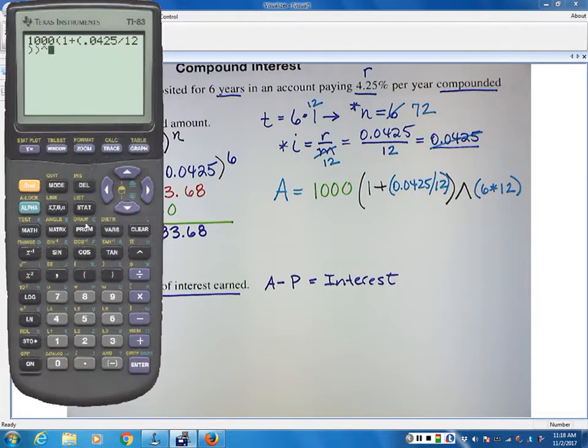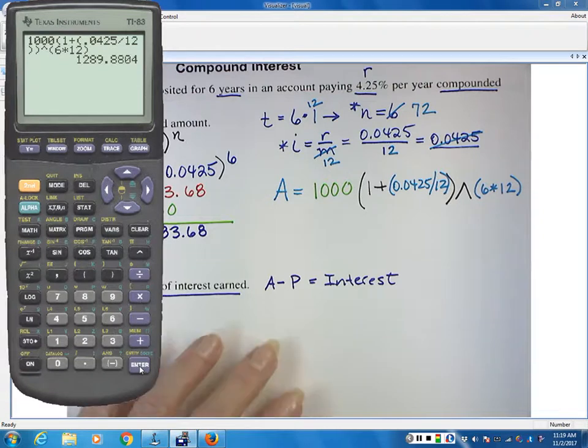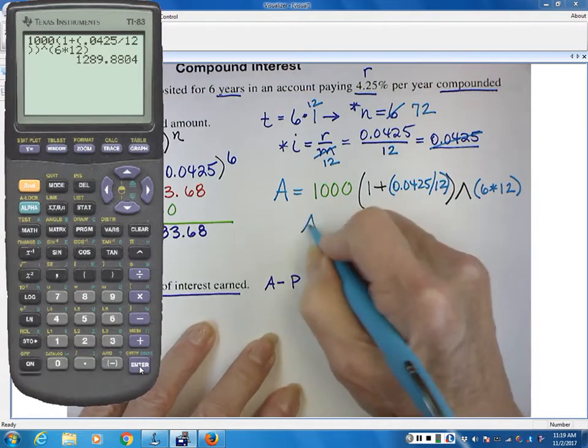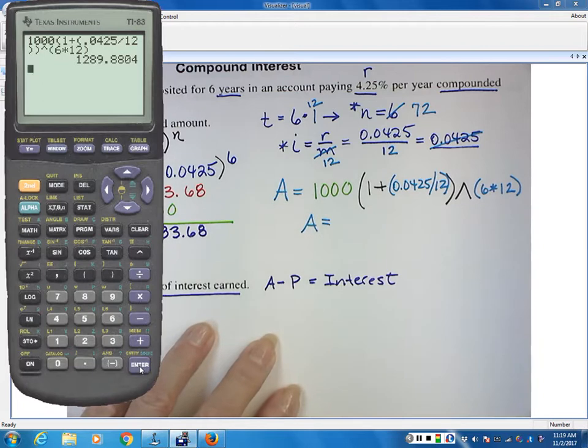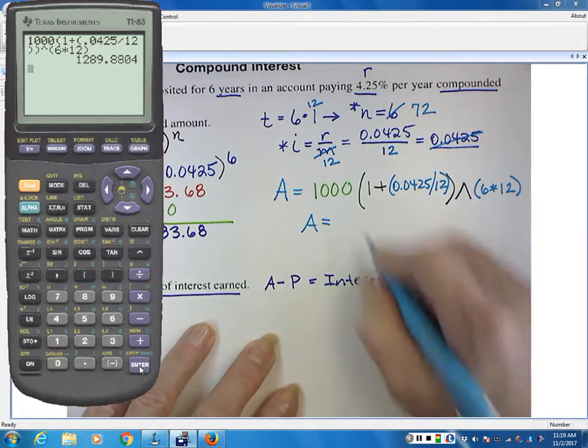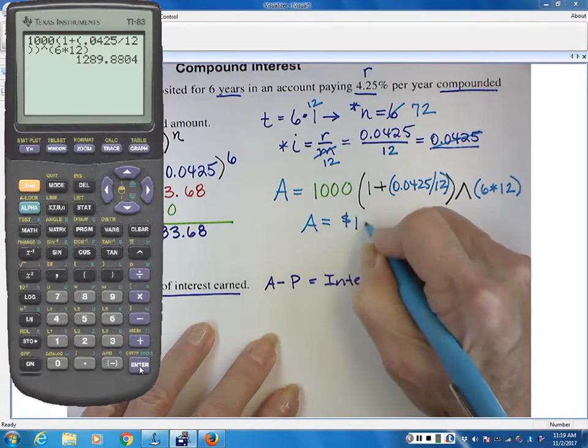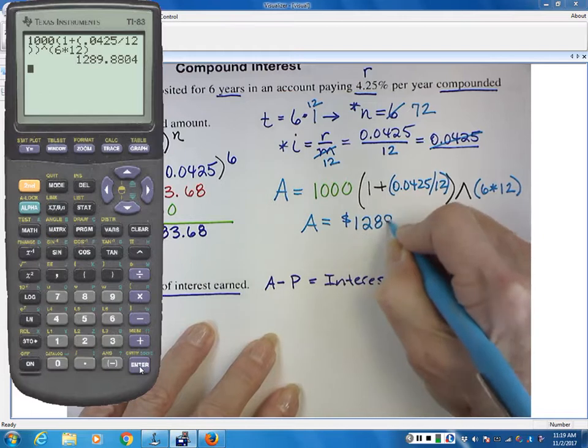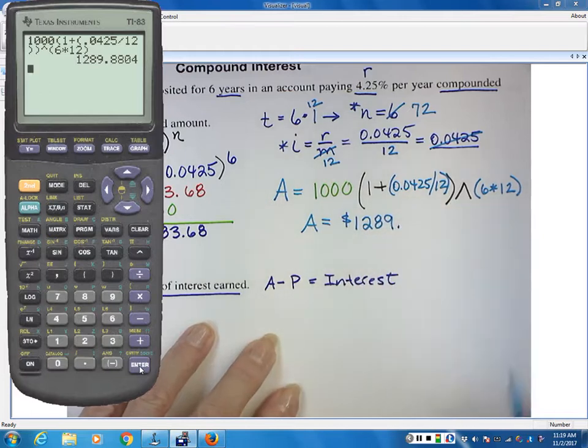Raise it to the power, and then put your new power, that is 6 years, times 12 times each year. And your future value now, your compound amount, is $1,289 and 88 cents.